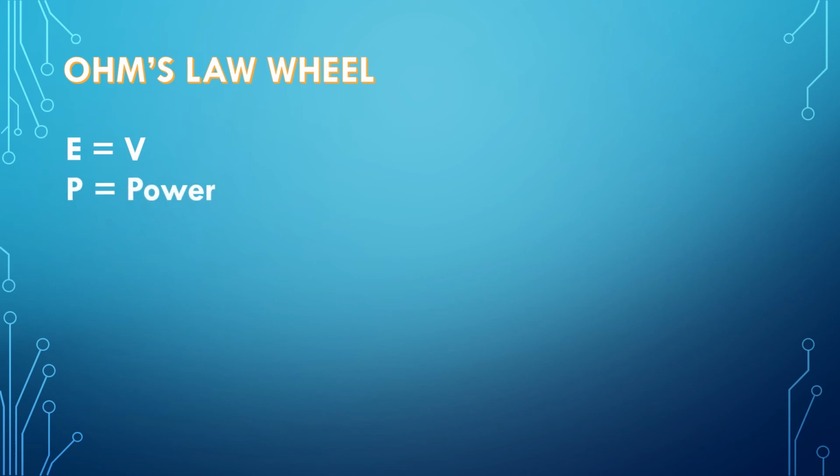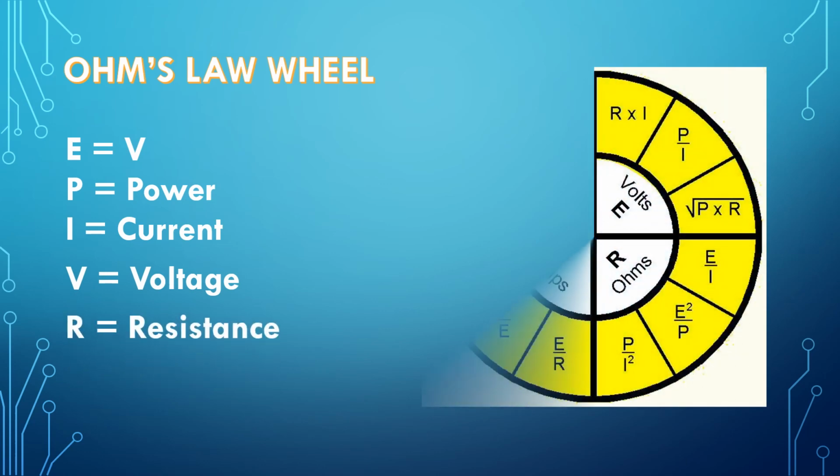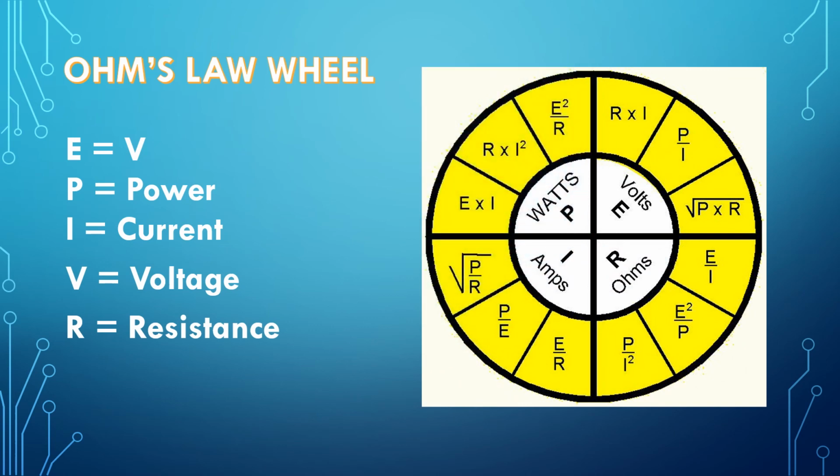P is power, I is current, V is the voltage, and R is the resistance. This is now our Ohm's law wheel, as what we are seeing in many books and in the internet.